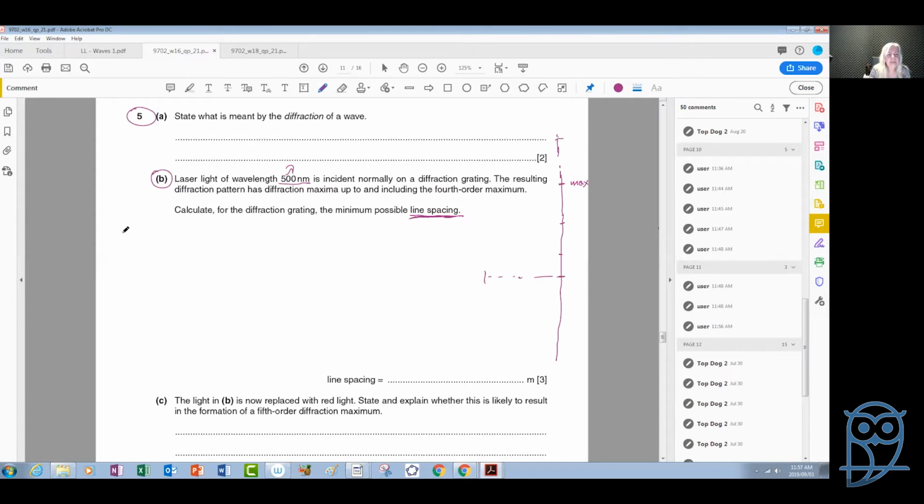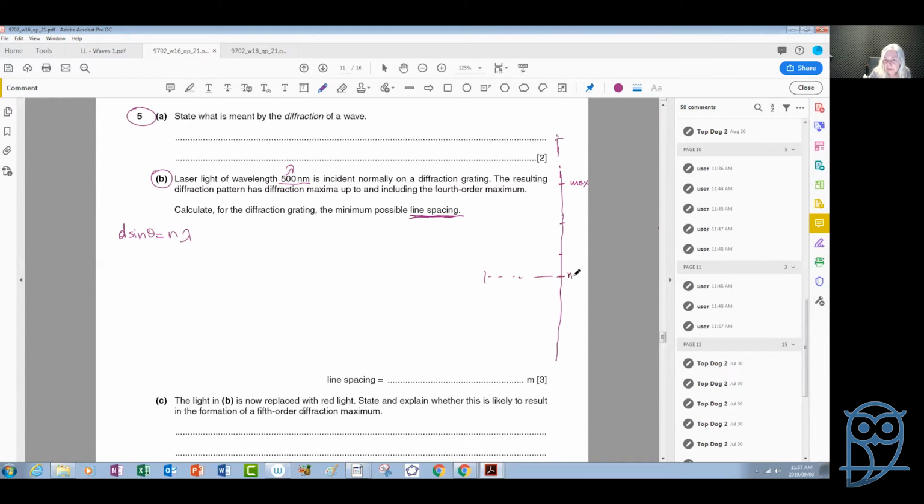Generally, when we use the diffraction grating, we use this formula: d sin θ = nλ, where λ is the wavelength of light, d is the distance between two slits in the grating, and n is the order of maxima.